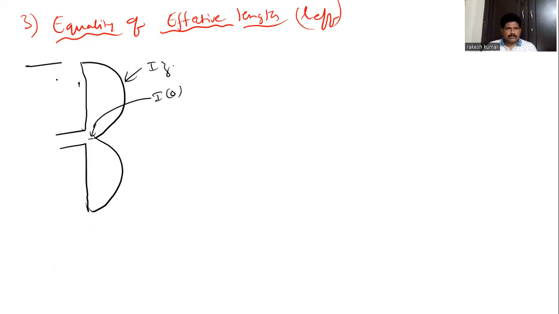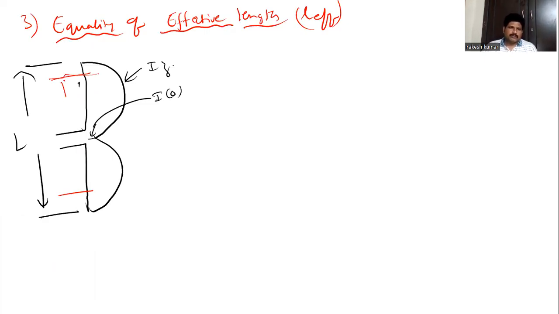Let us consider L as the total length. Here is the L effective. The effective length is not equal to the physical size. From here to here, I am calling it L effective. L effective is always less than L, the physical size.